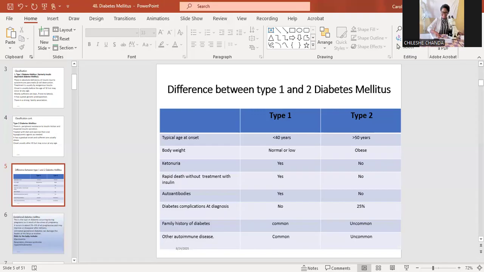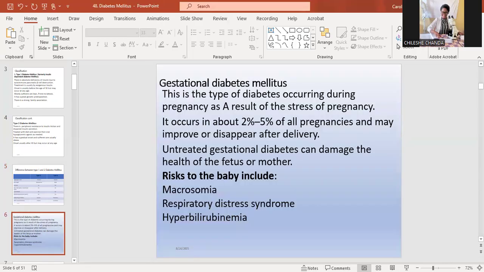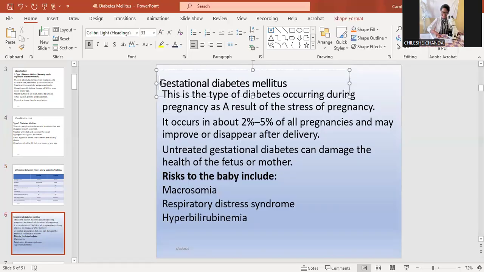Okay. And then in type 1 diabetes mellitus, you find that this patient may have other autoimmune diseases, whilst type 2, the patient may not have any other autoimmune diseases. And then the third type is gestational diabetes mellitus.